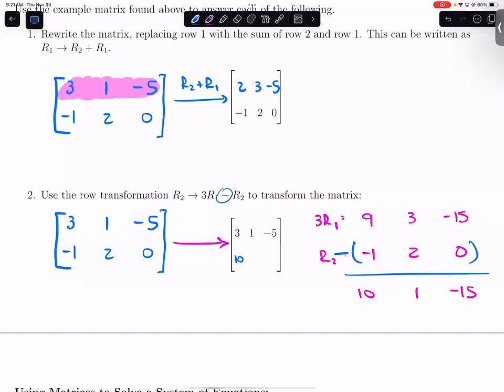So 10, 1, -15. 3 row 1 minus row 2. Okay. I'll be all right with that. Yeah. Okay, cool. All right.